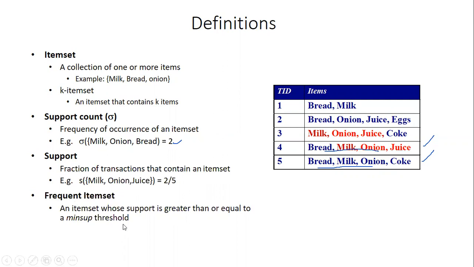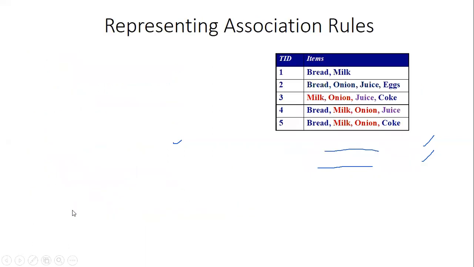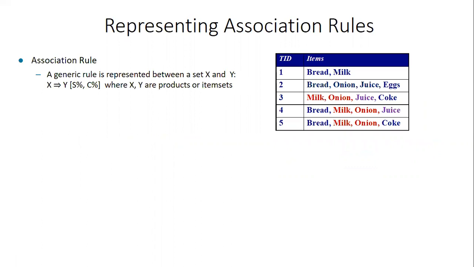That cutoff is nothing but the minimum support threshold. Those item sets which have support greater than or equal to the minimum support threshold, we call a frequent item set. So there is a difference between item set and frequent item set. Remember that.